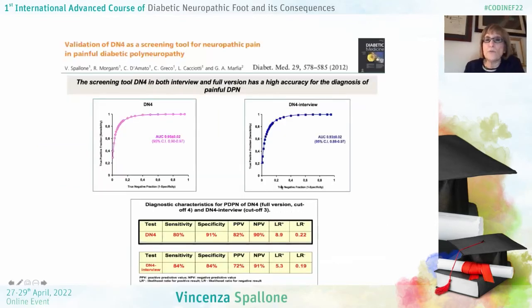And we documented some years ago that DN4 has a very good diagnostic performance, also when used only as an interview at the cutoff of 3, with a very high specificity and a good sensitivity, but 20% of people cannot be diagnosed using the questionnaire.